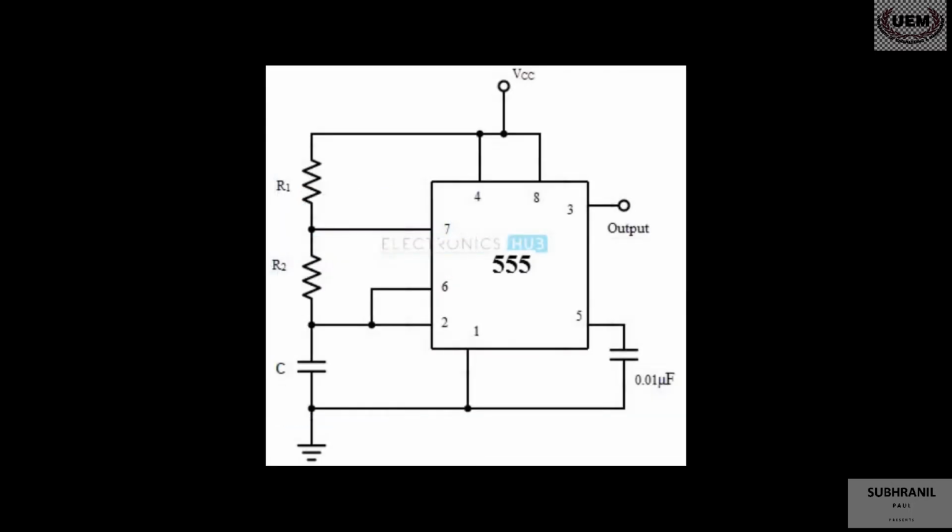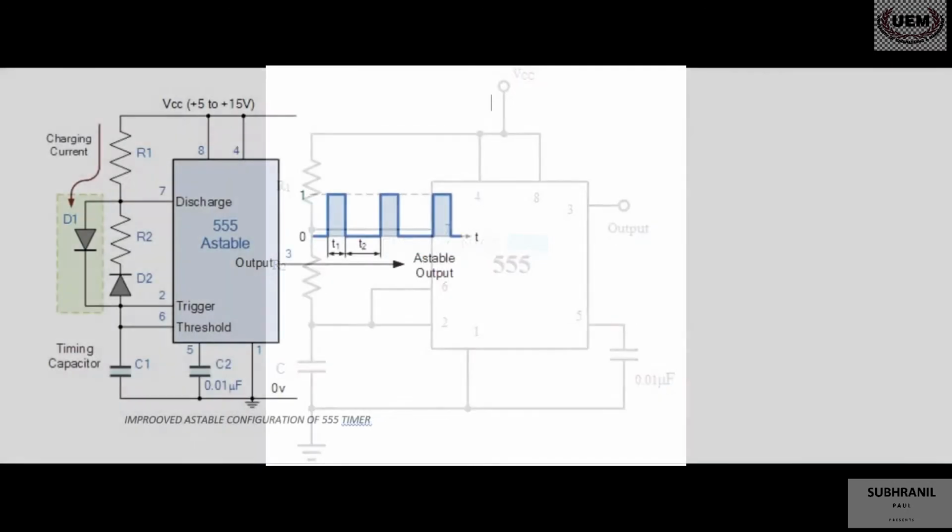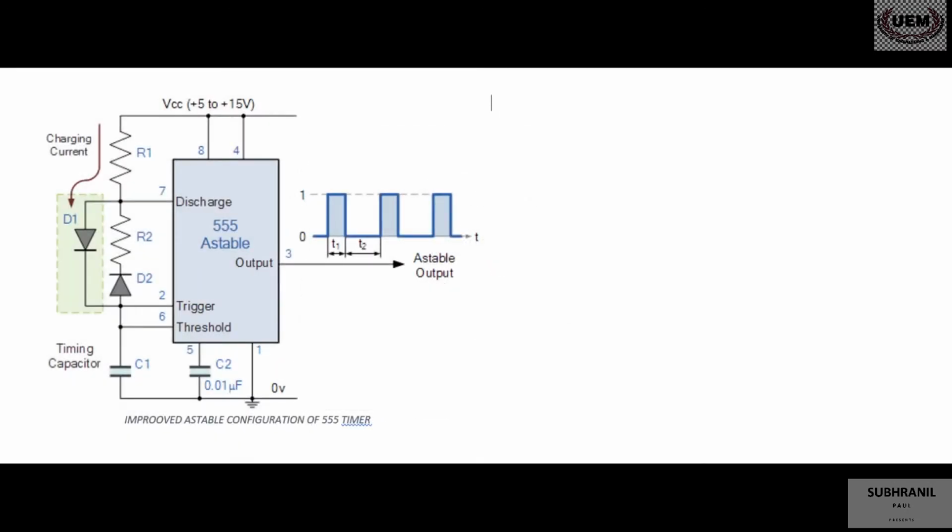Because the normal astable multivibrator contains only two resistances, R1 and R2. In the normal astable configuration, the charging and discharging path of the timer capacitor is the same, whereas the improved astable configuration has two extra diodes to make the discharge and charge paths unique.